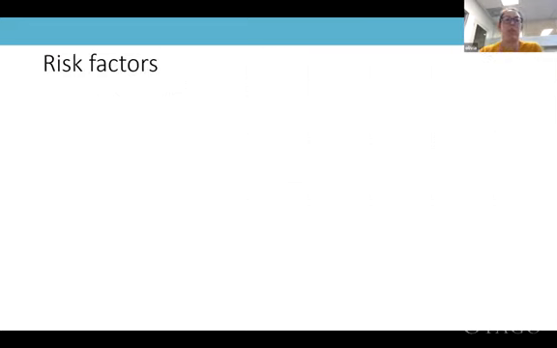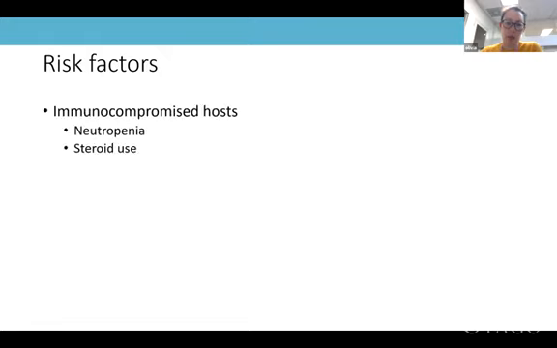So risk factors for invasive Candida. That guy in the case had a whole lot of them. Basically what you need is a susceptible host. Immunocompromised hosts, classically people who are neutropenic or have been on a lot of steroids, are at high risk, but also people who have central lines in, and that's because Candida is a sticky bug.